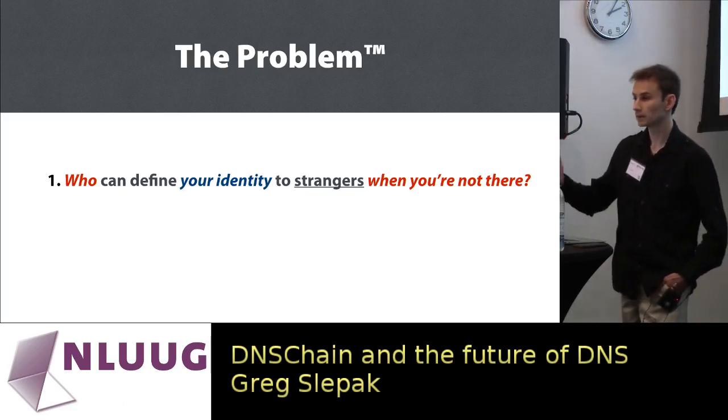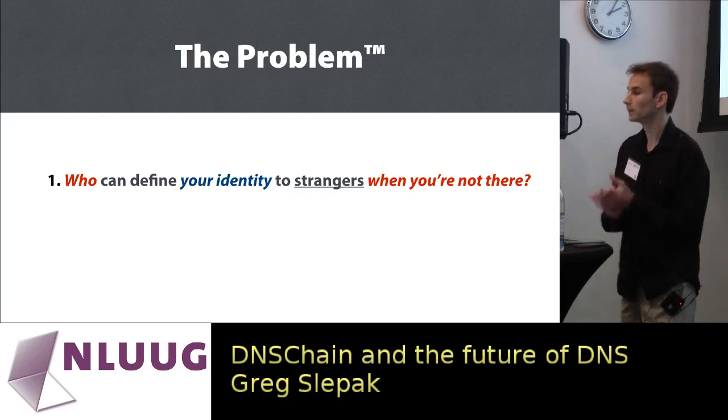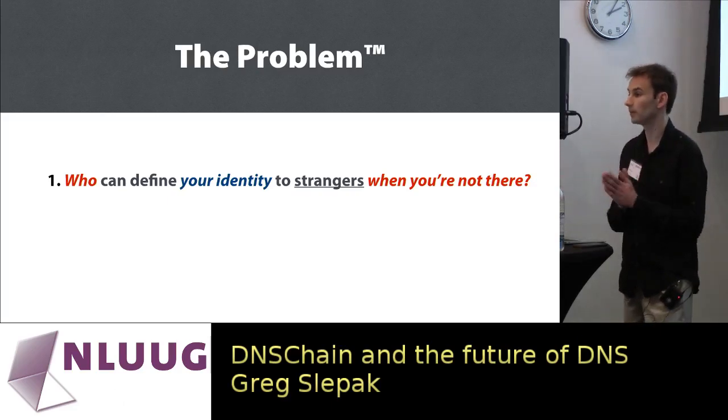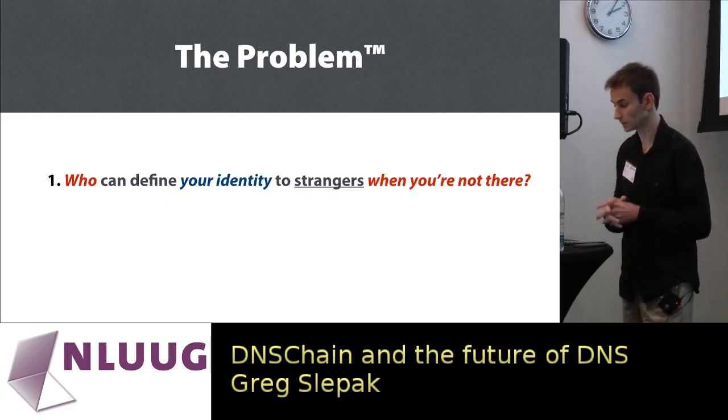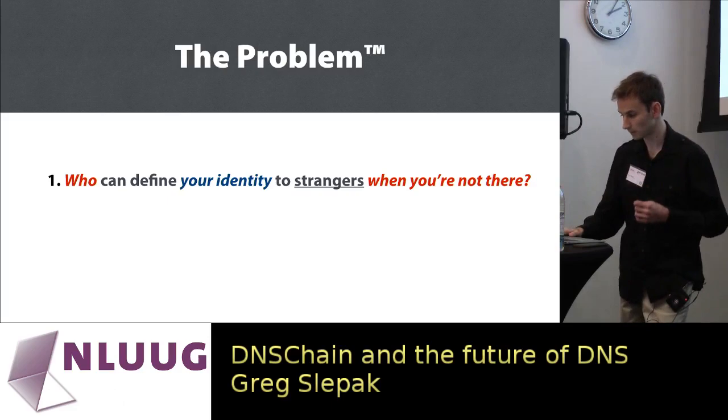You're not there to tell random strangers, who don't know you and who you don't know, what your public key is, for example, what the correct information for communicating with you is. So this is a very fundamental problem that we're still struggling with.